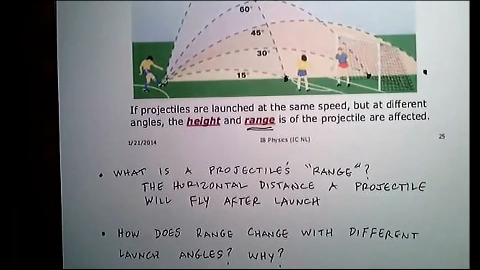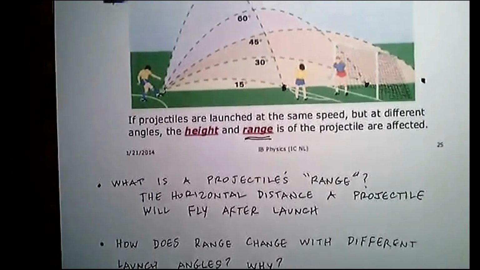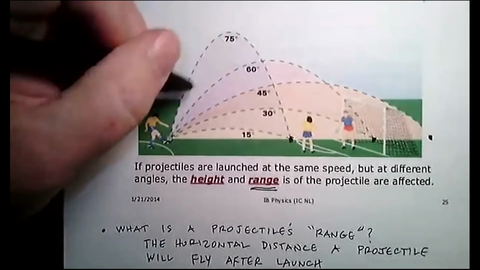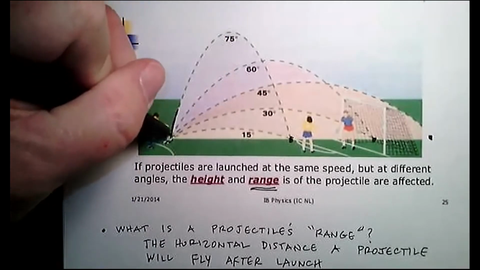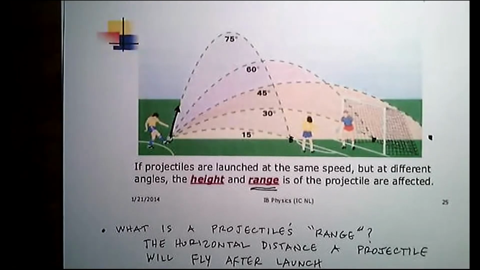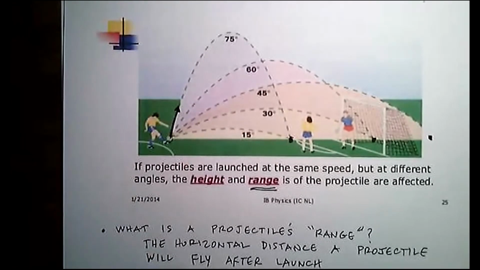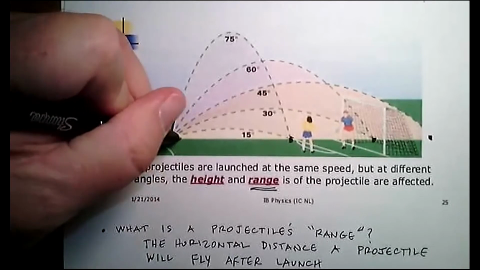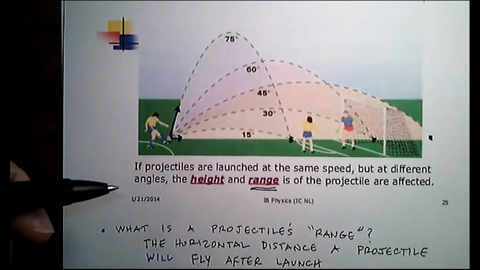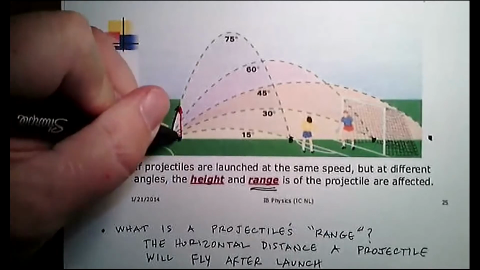Now, why would it change with different launch angles? Think of it this way. If you kick a ball at 75 degrees, that's your angle of launch. But remember that this angle is really made up of two components: a horizontal component, and a vertical component.